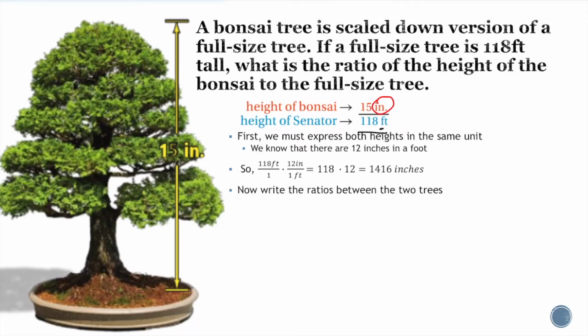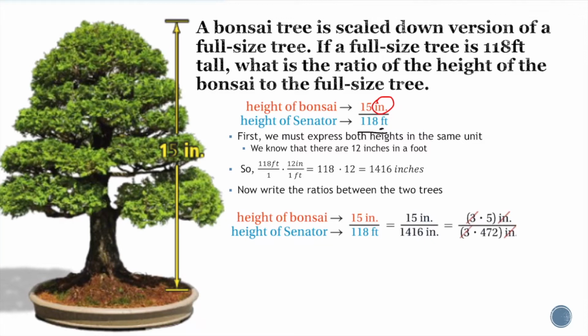Now, we have to write our ratio between the two trees. And hopefully you remember what a ratio is. If not, we're going to get into the formal definitions very soon. The ratio between the two trees is 15 inches to 1,416 inches.